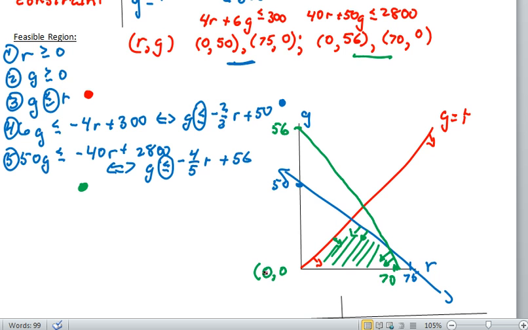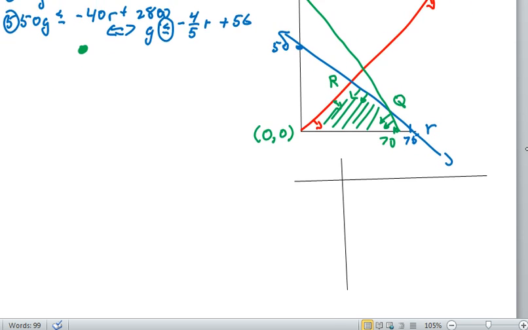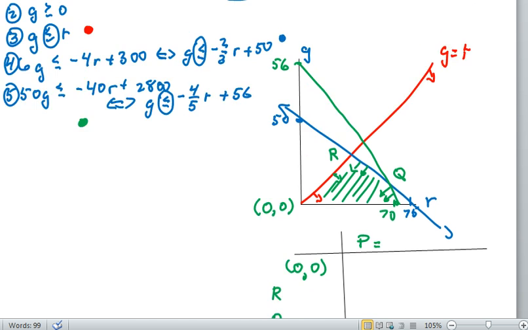One of the vertices is 0, 0. We also have an R vertex here and a Q vertex here. And so we will proceed to find the R and the Q vertices so that we will be able to list all 4 vertices and find the maximum profit.